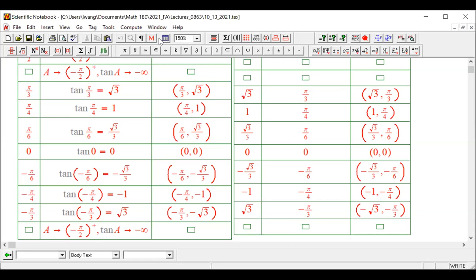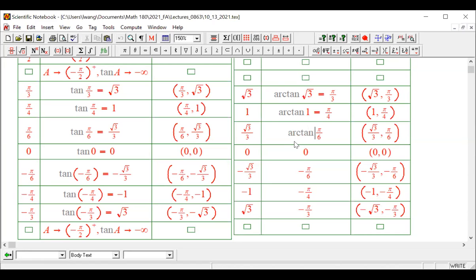Okay, so let's introduce the function. Arctan of root 3. Write it down with me exactly. Arctan of root 3 equals pi over 3. I want you guys to write this down, copy word for word as I do here, please. Arctan of 1 equals pi over 4.